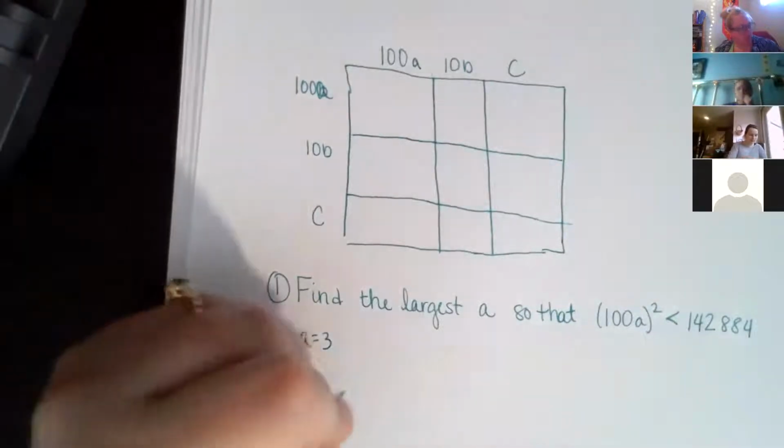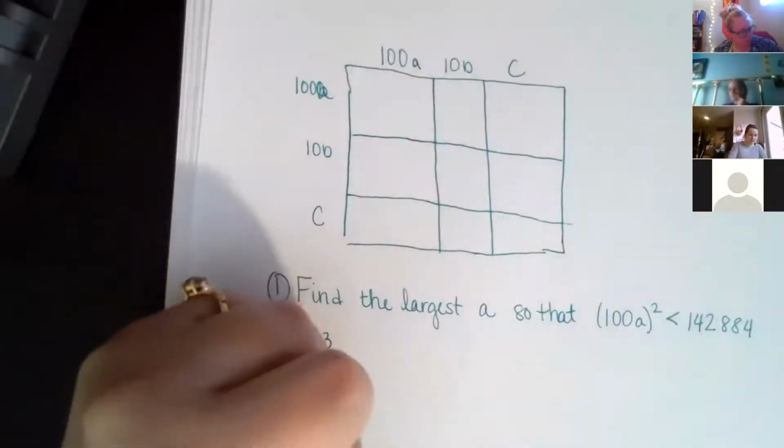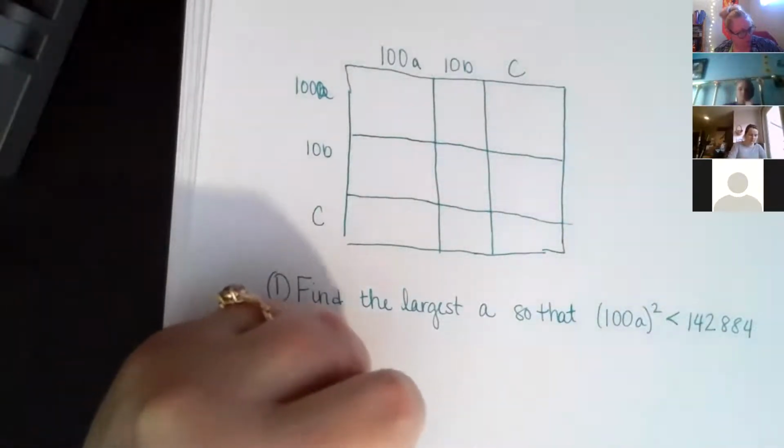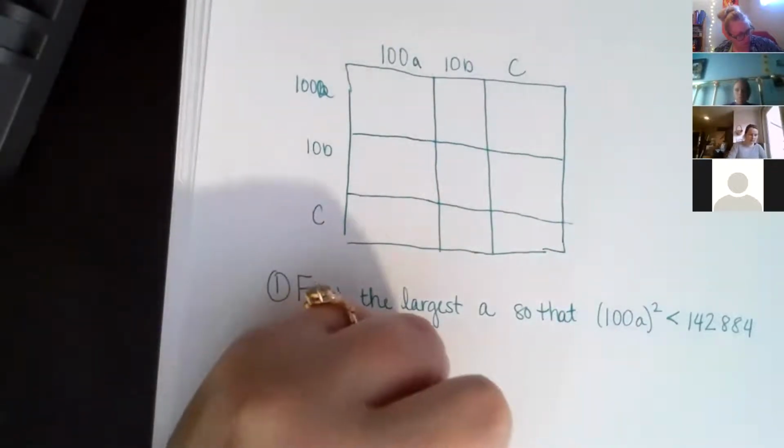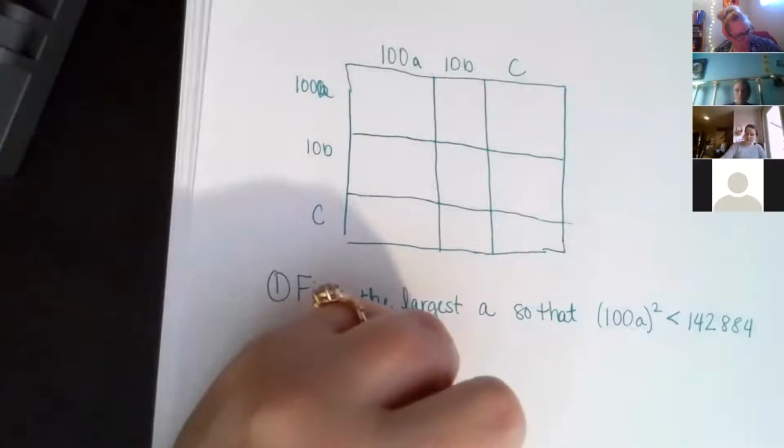Yes. So we would do 142,884 minus 300 squared.